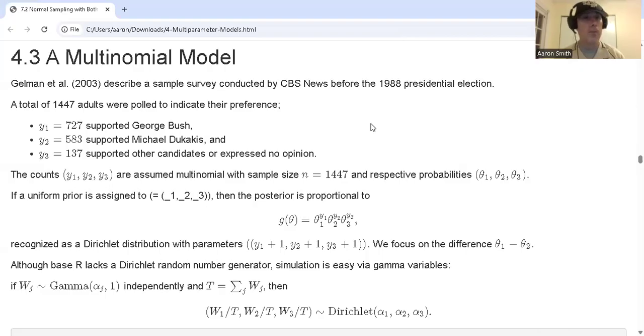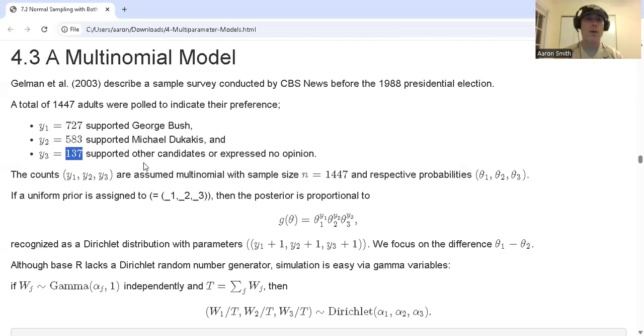CBS News ran a survey, and in that survey, there were 727 supporting the one that would ultimately win, the vice president at the time, 583 supporting Michael Dukakis, and 137 supporting either a third party candidate or no opinion, no preference whatsoever.